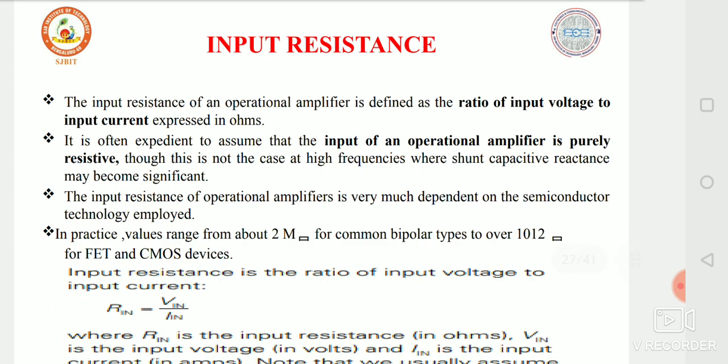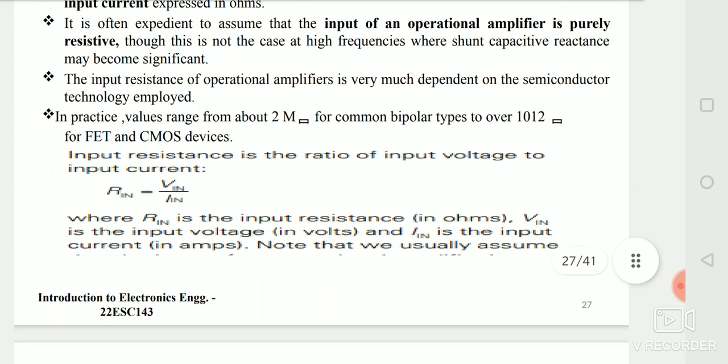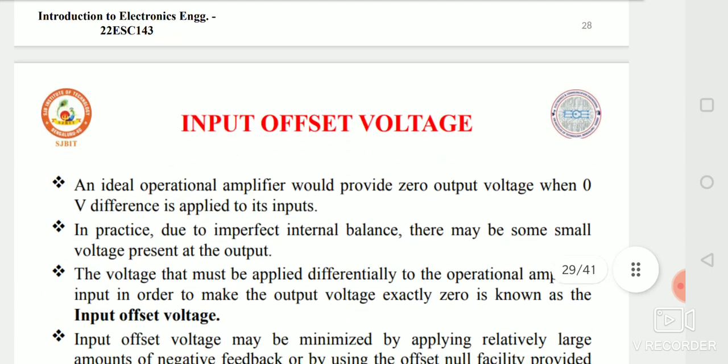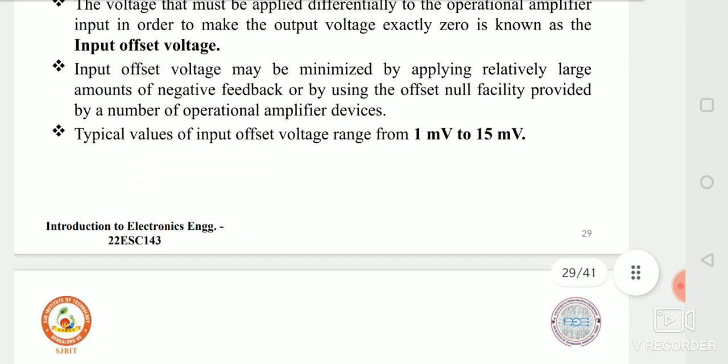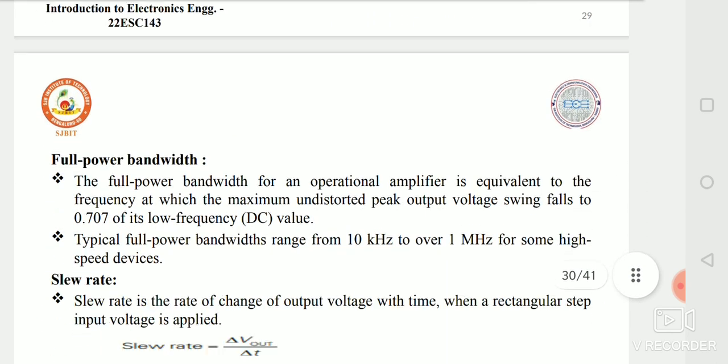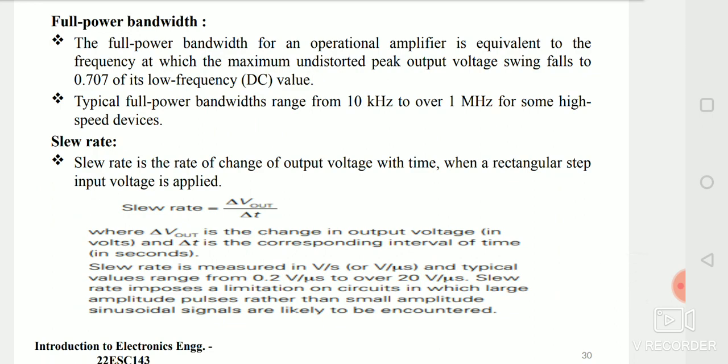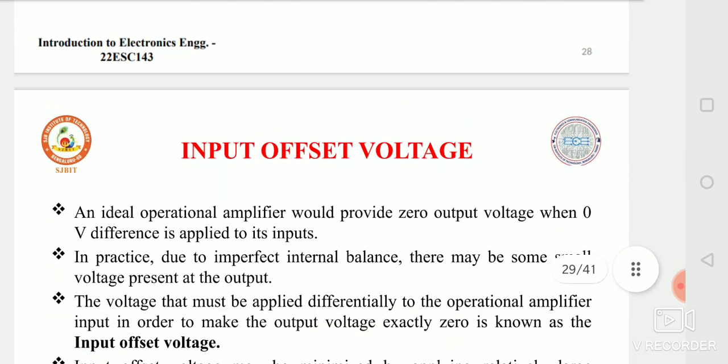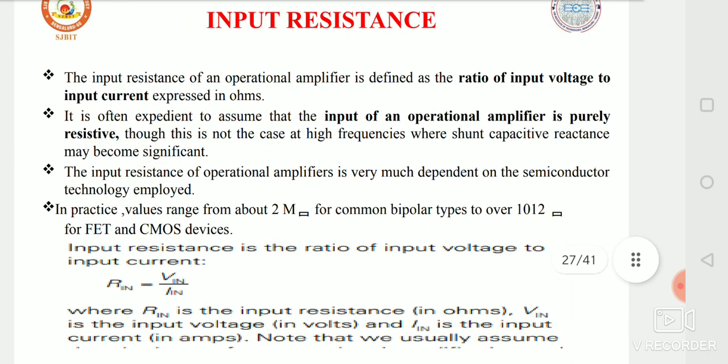Now if you come to the ideal characteristics of an op amp, you have to know the offset voltage, input voltage, full power bandwidth as well as slew rate. Input resistance, or the input impedance, is the ratio of input voltage to input current, expressed in ohms.